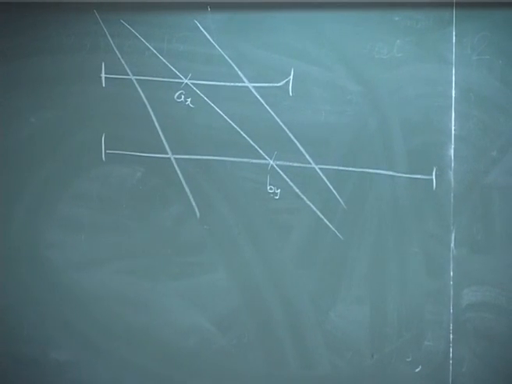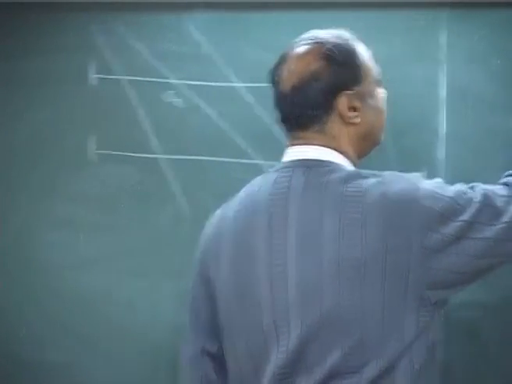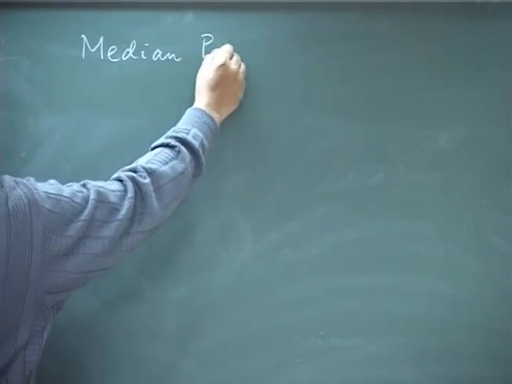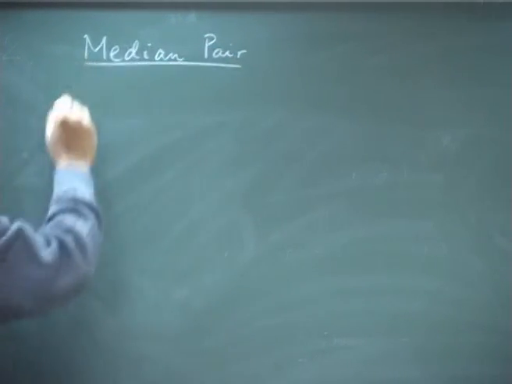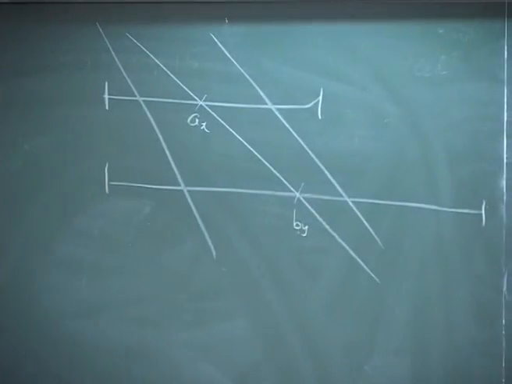right? So to do that, first you have to define the median pair, because finding the exact median, say if I have the 2 sequences A and B, will take a lot of time, because there is a question of merging and then finding the middle element and so on.